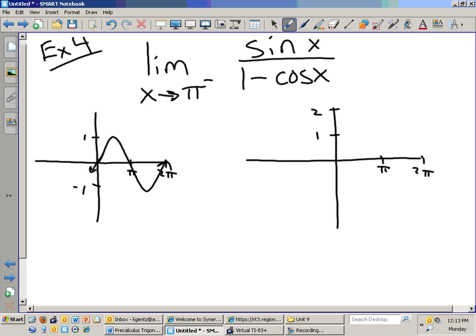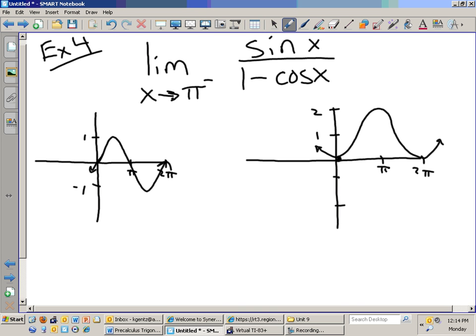It's going to start, instead of starting at -1, it's going to start up here at 0. It's going to head like this. That's what those graphs look like.